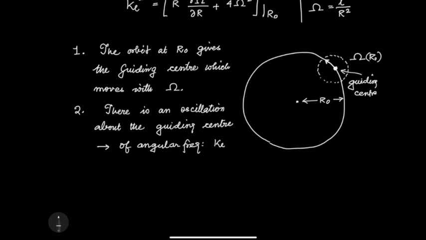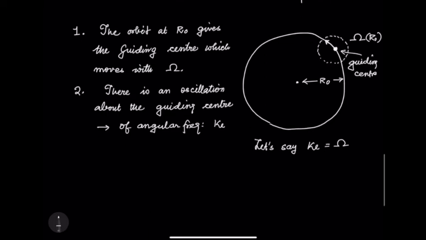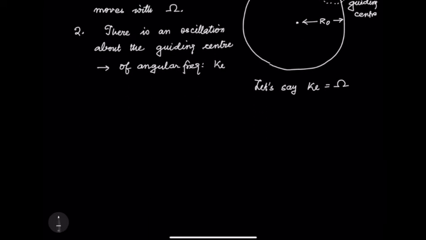Now you see what will happen. Let's say the case where kappa is equal to omega. So let's try to draw this kappa equals omega curve here. This is the guiding center circle, and say when the star was here, the distance r minus r0 is 0. What will happen as time progresses?